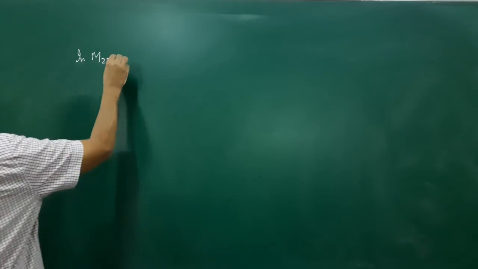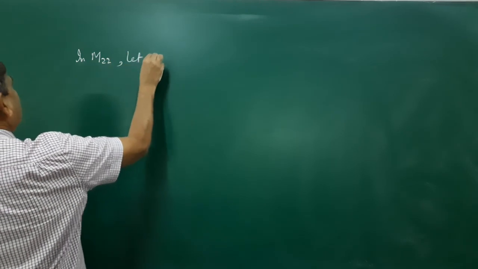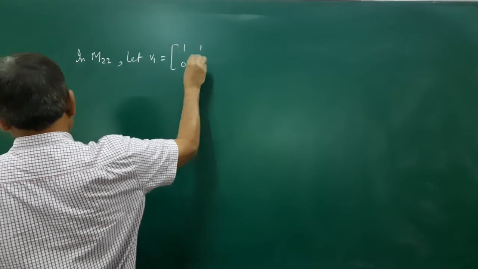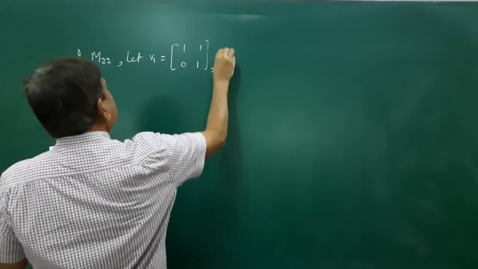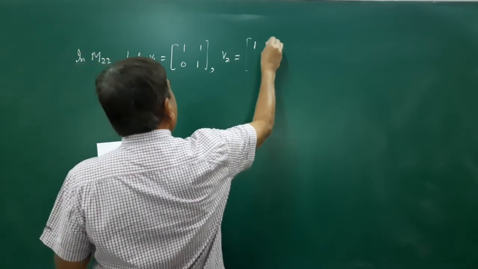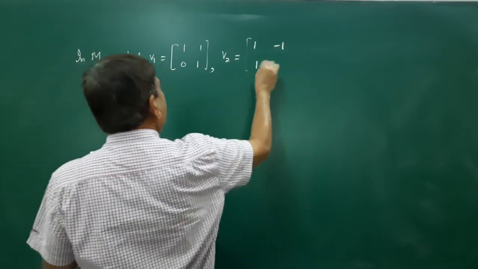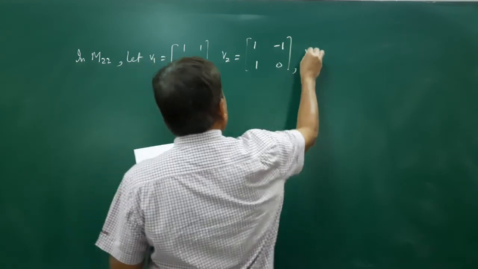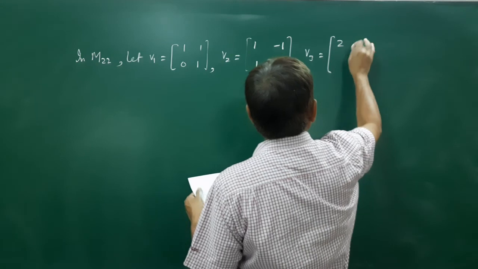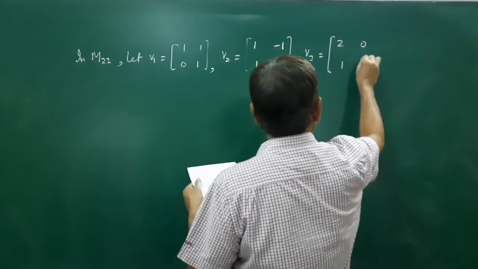In M22, let V1 is [1 1; 0 1], V2 is [1 -1; 1 0], and V3 is [2 0; 1 1].